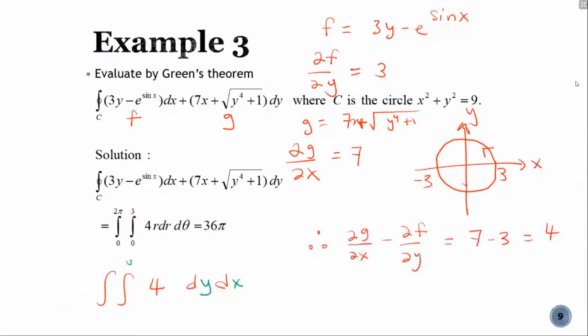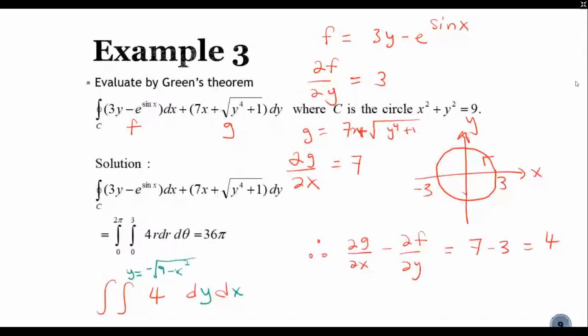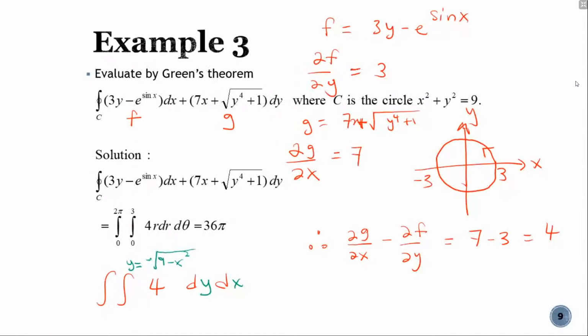So my upper boundary for y should be the positive square root of 9 minus x squared, and the lower boundary is the negative square root of 9 minus x squared.